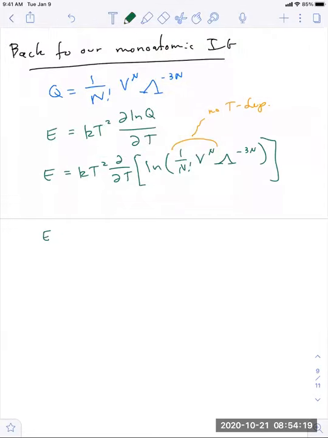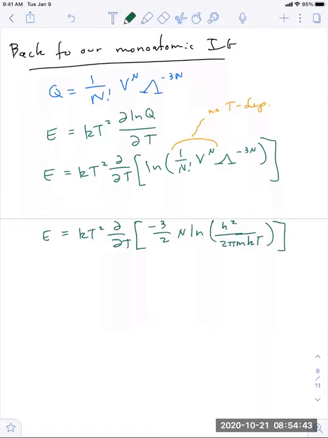So we can say that the energy eventually comes out, kT squared d/dT, and so the energy becomes 3/2 nkT.